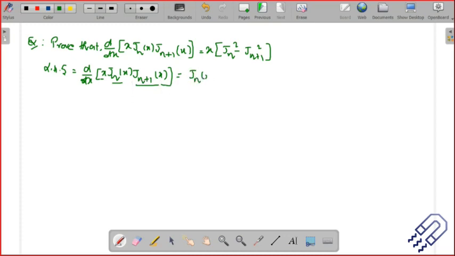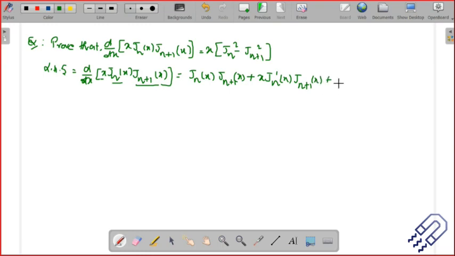So this is Jn(x) Jn+1(x). Then I'll take a plus. I'll keep the other two constant, so maybe I can keep x and Jn+1 constant. The second term I'll differentiate, so I'll get Jn dash x. So there are recurrence relations of Jn dash also, so we're going to use those.